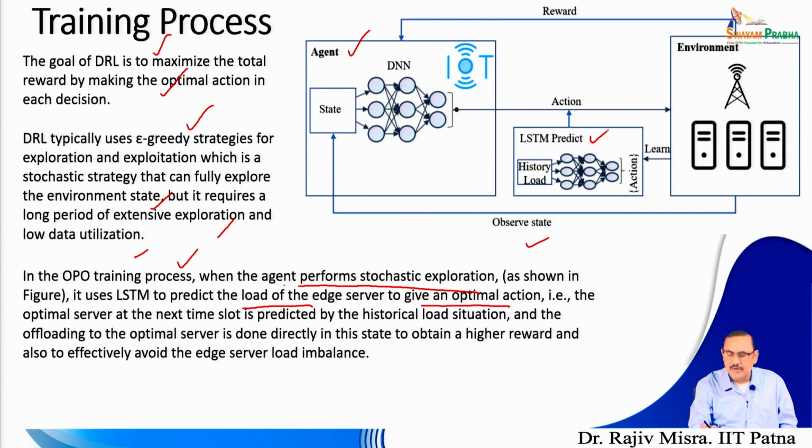So, here you can see that LSTM can predict the load of an edge server to give an optimal action. The optimal server at the next time slot is predicted by historical load situation, and offloading to the optimal server is done directly by this state to obtain a higher reward, also to effectively avoid the edge server load imbalance.